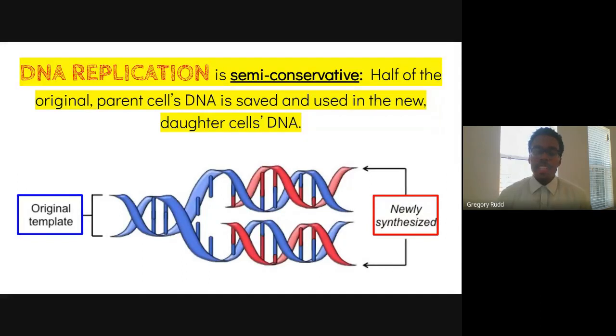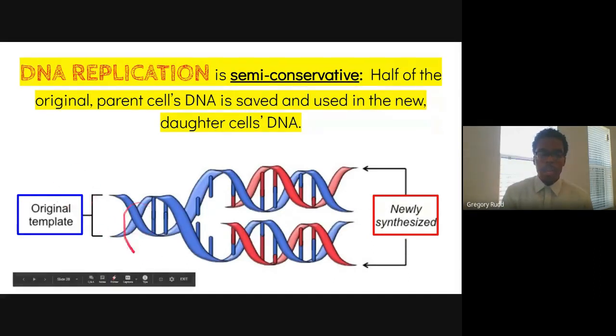DNA replication is a semi-conservative process. What we mean by this is that half of the original parent cell's DNA is saved, meaning half of it is conserved. And the other half comes from a new source of DNA. So in this image here, we've got an original template.